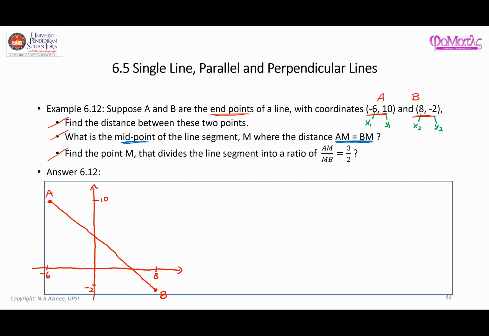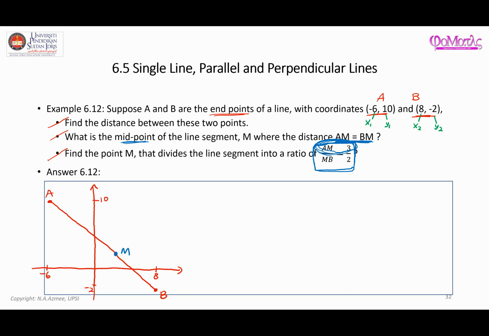So based on this, this is an important statement where the distance of AM over MB is in this ratio 3 over 2. So based on this, you can see that this distance is slightly longer than MB. Okay, AM is slightly longer than MB based on this ratio here. So I can imagine that point M may be somewhere here.